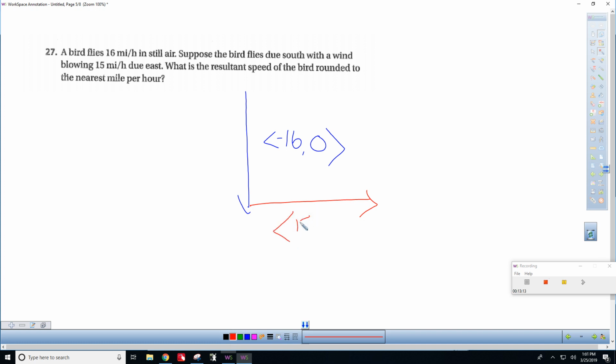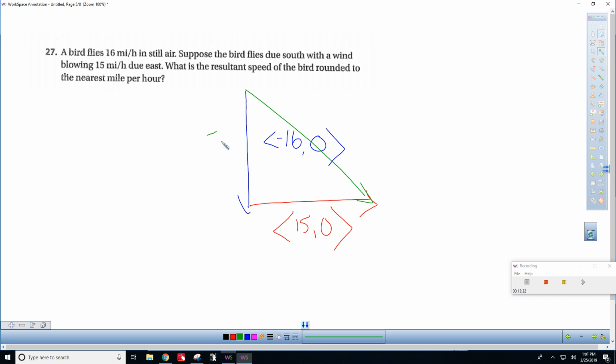And the cool thing about the way physics works is essentially we're just going to add these vectors up to get the resultant vector, which is actually the way the bird is going to be flying. That's going to be the direction it goes. So how can we find that out?